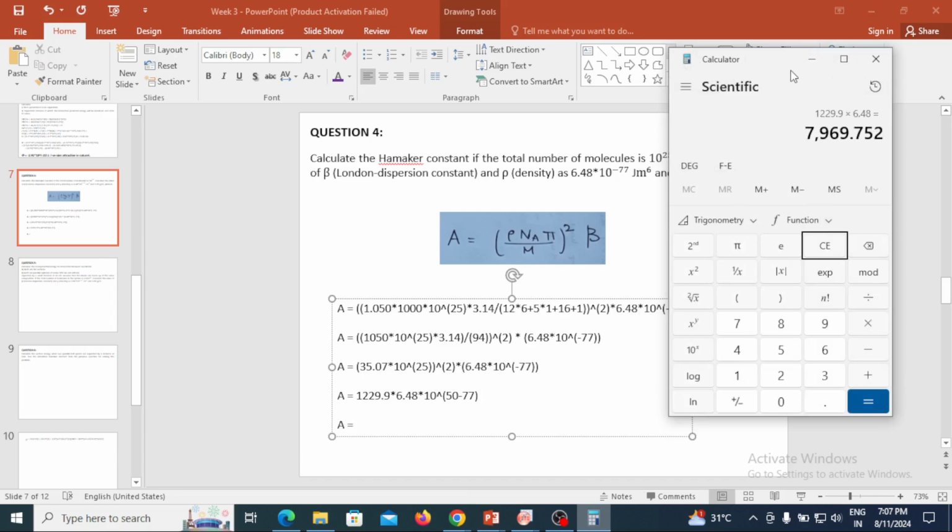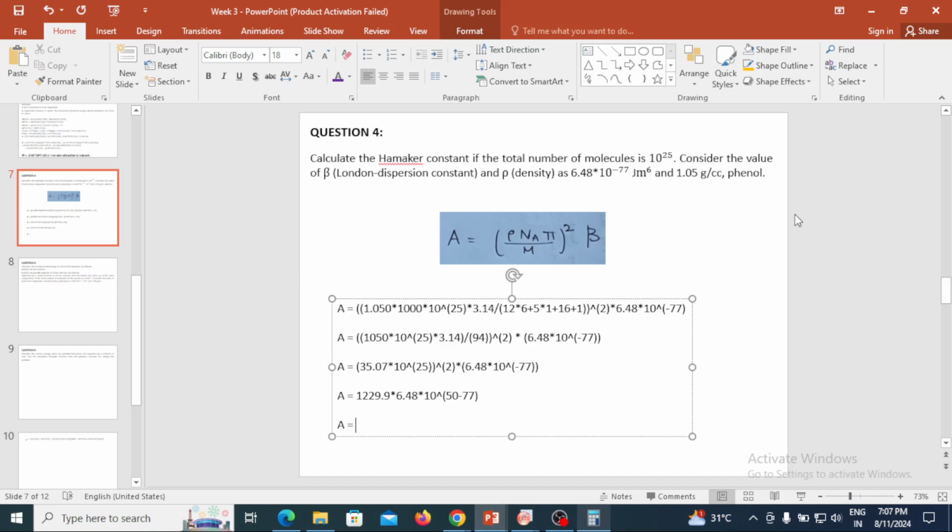So it is 7969.752 times 10 to the power minus 27. Minus 50 plus 50 minus 77, that will be minus 27, and it is 7.969 into 10 to the power minus 24.